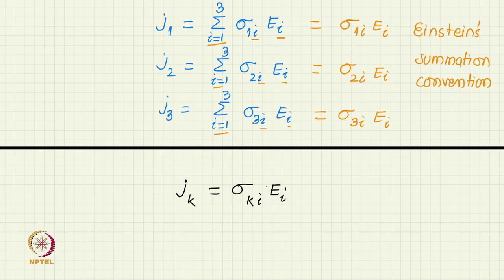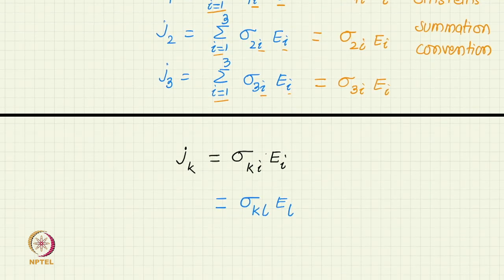You can also see an interesting thing, that since summation is over the repeated index, it does not matter what repeated index I use. So, even if I write this as, let us say, sigma k L E L, where I use another index L, it does not make any difference in the equation, because I going from 1 to 3 gives us the same 3 terms on the right hand side as L going from 1 to 3.